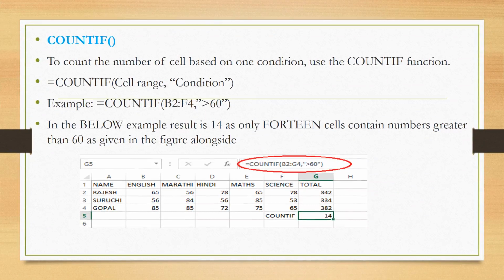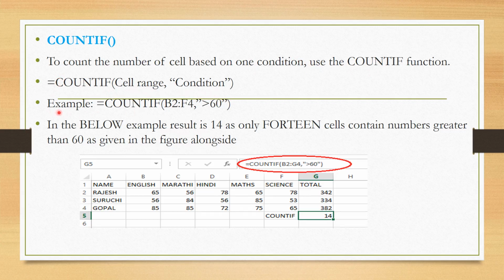Let's see the countif function. Countif function works on a certain condition. To count the number of cells based on one condition, use the countif function. This is the countif function format: is equal to countif. The first argument is cell range, comma, the other argument is the condition.